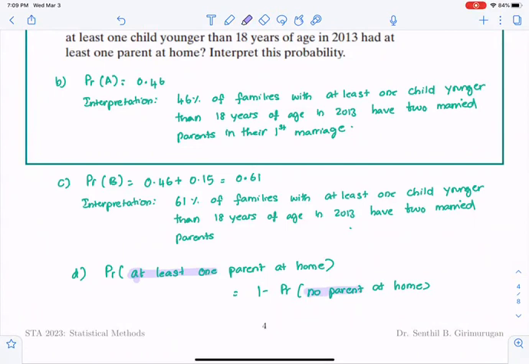At least would be one or more, in this case only up to two. The complement would be 0. So at least one and none are complements of each other. So using the complementary rule here is very effective.